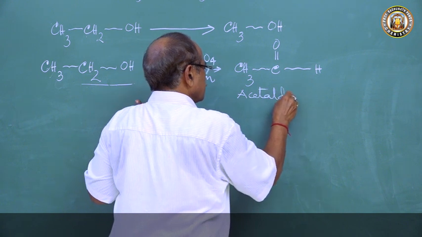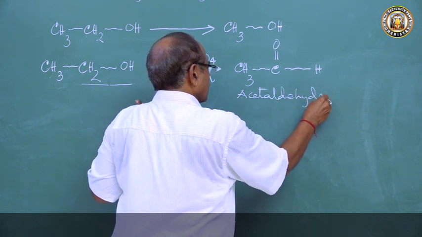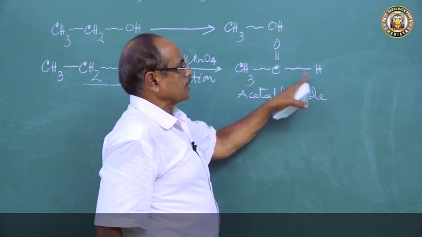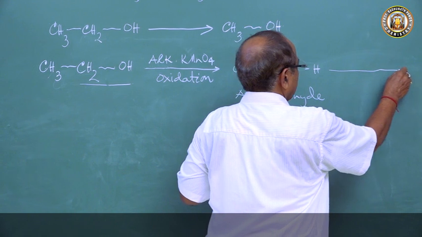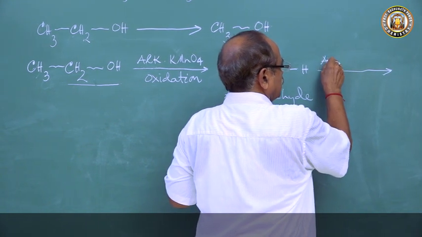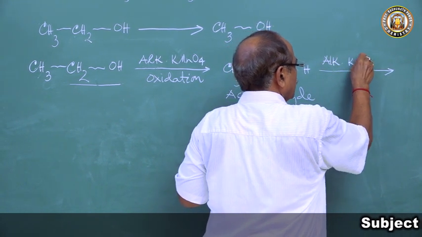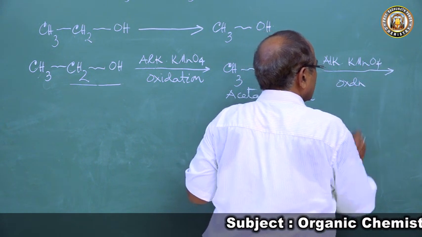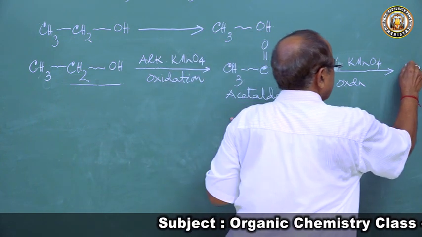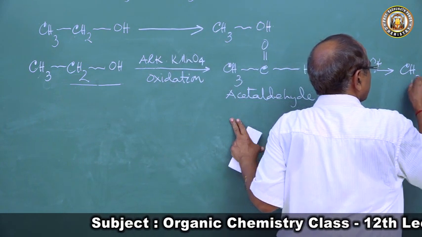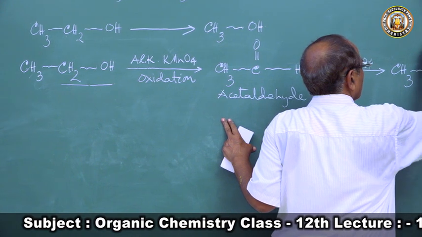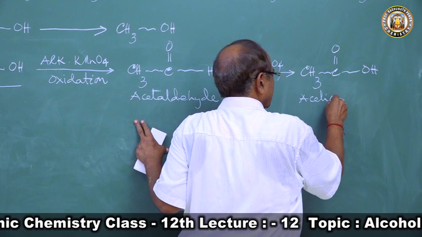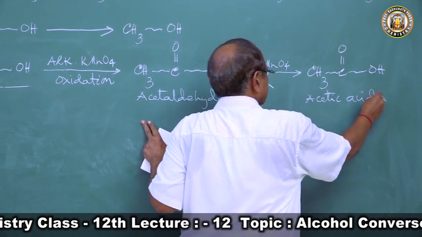This acetaldehyde we can oxidize again with alkaline KMnO4, and it will undergo oxidation to form acetic acid, CH3COOH. This we have done in the properties of alcohol.